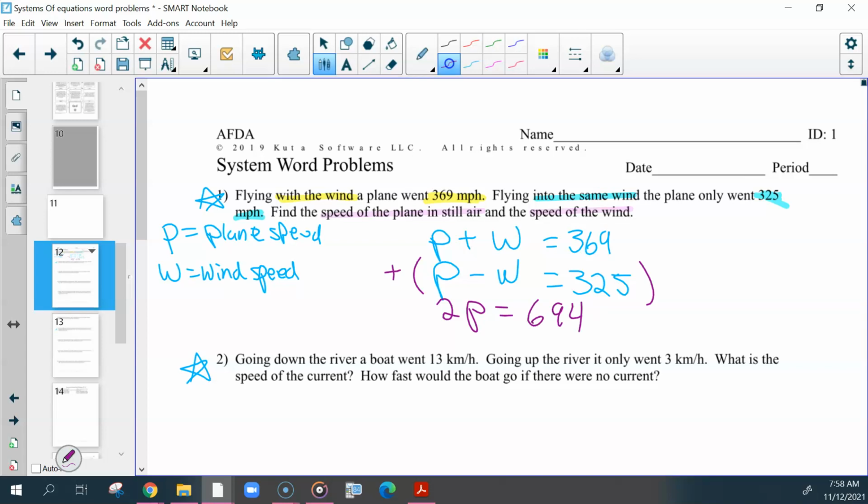Okay. And then divide both sides by 2. Your units here are miles per hour.